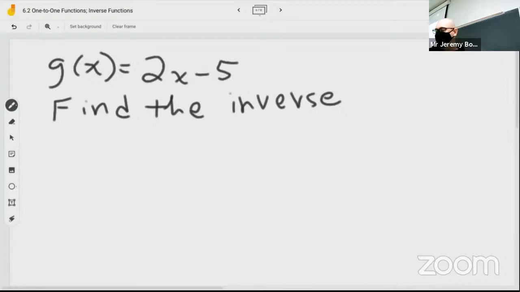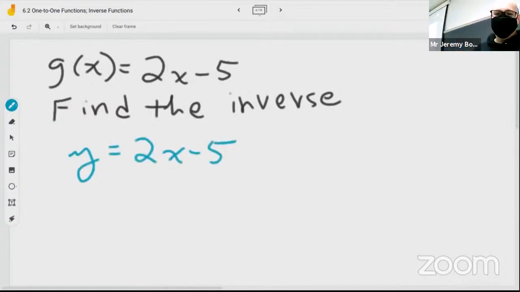First thing we're going to do, what do y'all think the first thing we're going to do? We're going to write it in terms of y is equal to 2x minus 5. So replace the name of that function with y. We need a y.